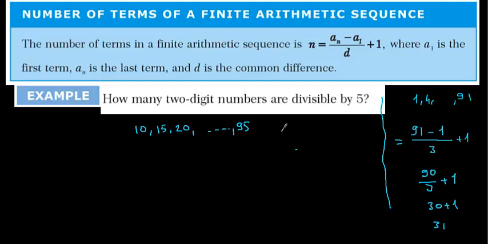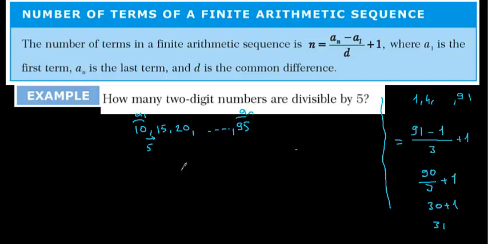So we are looking for all two-digit numbers divisible by 5, and since they are divisible by 5, the common difference between them should be equal to 5.